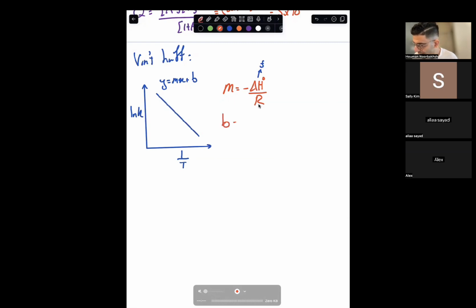And b would be delta S naught over R. So you can find your delta H and delta S from the slope and y-intercept of this diagram, and then you can find the delta G naught from those. Very simple, it's pure memorization.